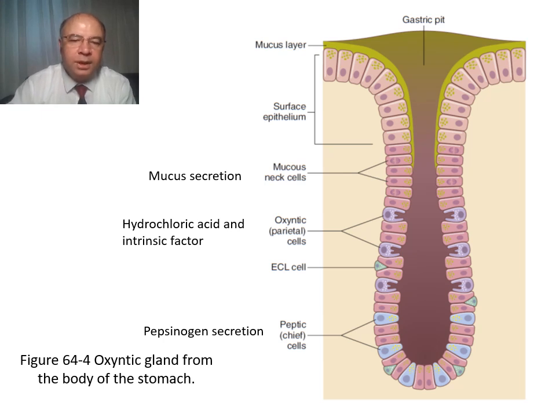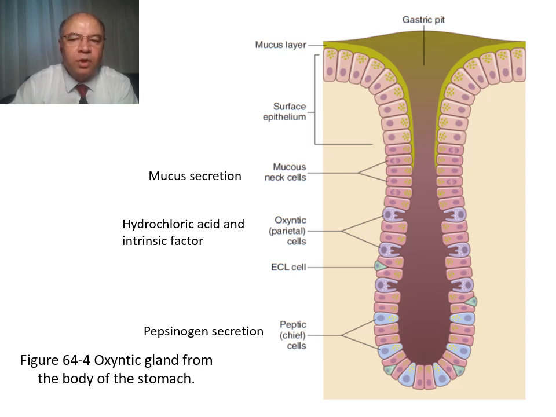You see here an oxyntic gland from the body of the stomach. So this is the mucosa of the stomach, gastric pit, and then you see the mucous neck cells here secreting mucus, protecting the mucosa, and oxyntic parietal cells secreting hydrochloric acid, and then peptic cells, from which pepsinogen is secreted.